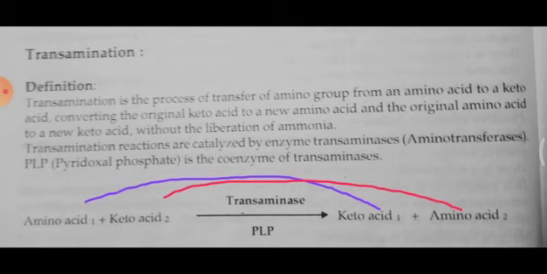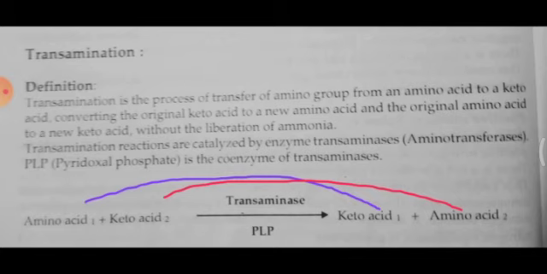The amino acid 1, which has the NH2 group, is going to donate the NH2 group to keto acid 2. By loss of the NH2 group from amino acid 1, you can follow the blue color line, it will get converted to a keto acid. Amino acid 1 will become keto acid 1, a new keto acid, which is mentioned in the second line, converting the original keto acid.